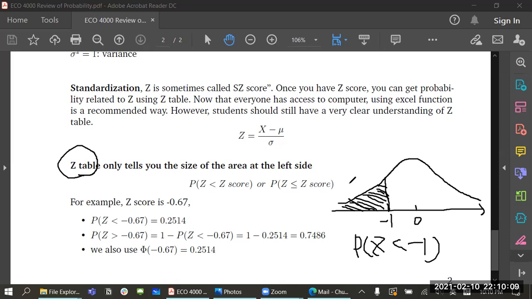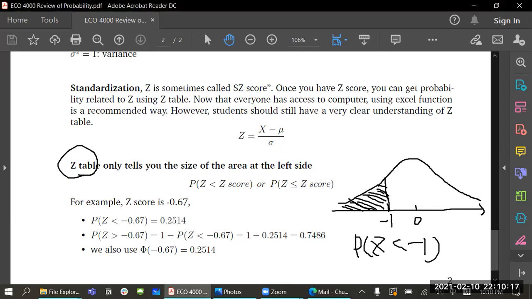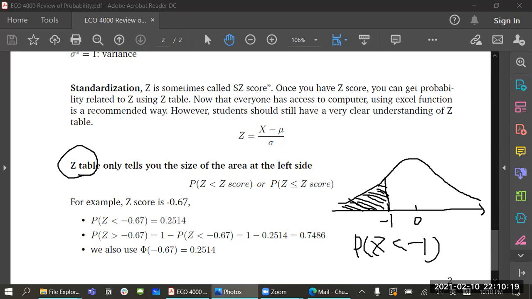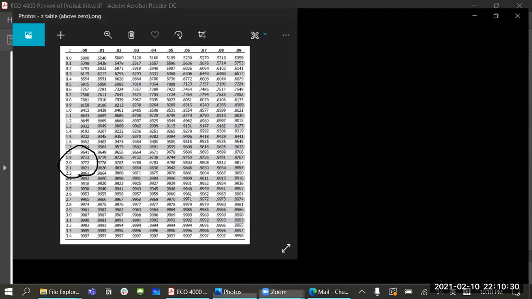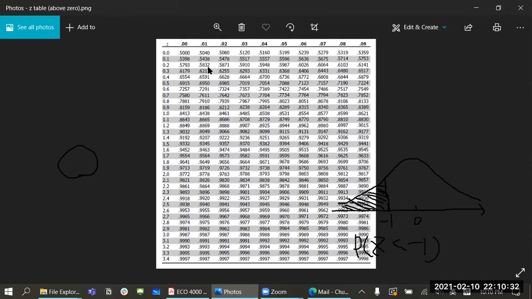So how do we know the area of this black area? We have something called ZTable. Let me bring this down. ZTable gives you the chance to get it. Let's say -1. So how do we find -1?